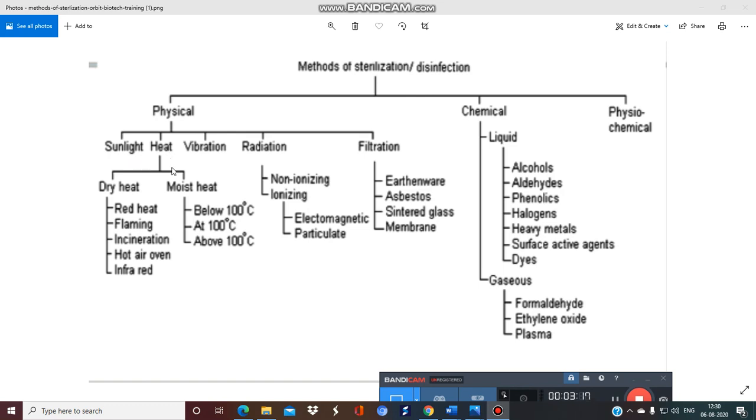Next is heat. We can use two types of heat, dry heat and moist heat. In dry heat: red heat, flaming, incineration, hot air oven, infrared. Yes, we will do each and every component.